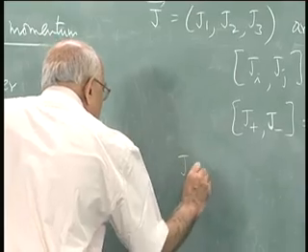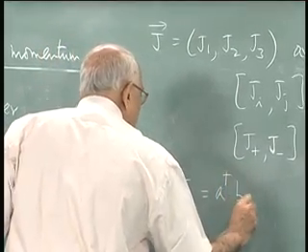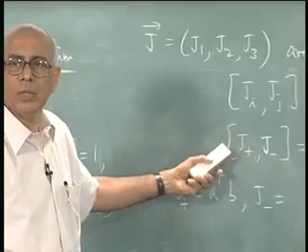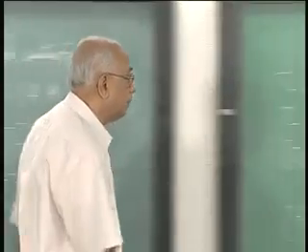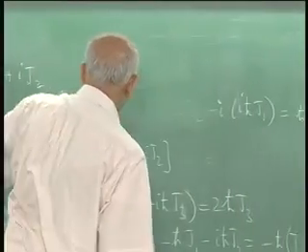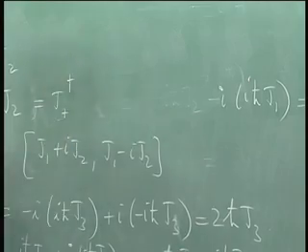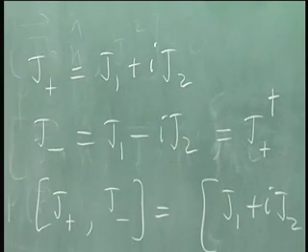Then if you put J plus equal to A dagger B, J minus, notice J minus is the Hermitian conjugate of J plus, because J1 and J2 themselves are Hermitian, so J minus is J1 minus iJ2.